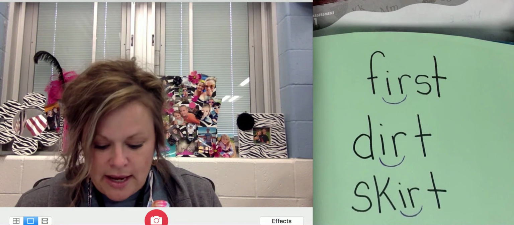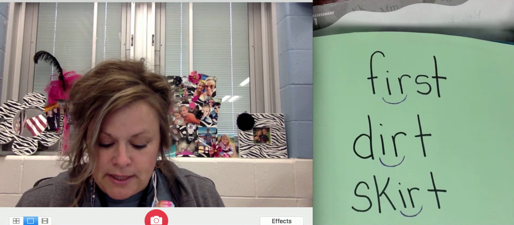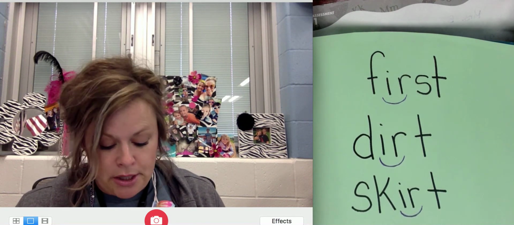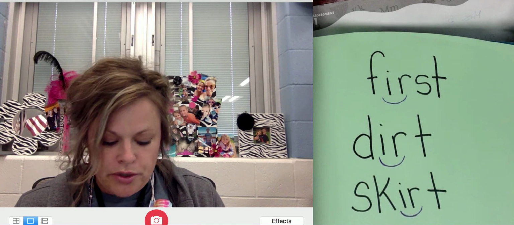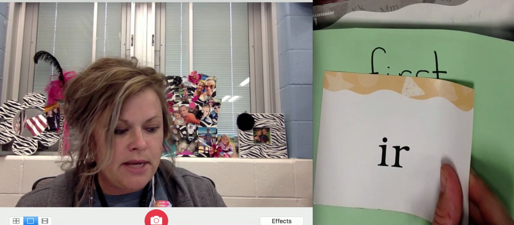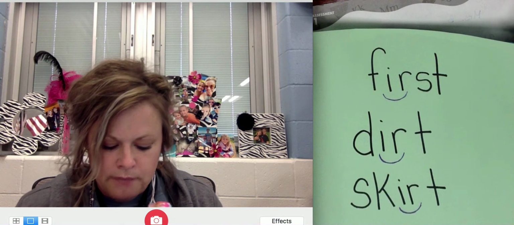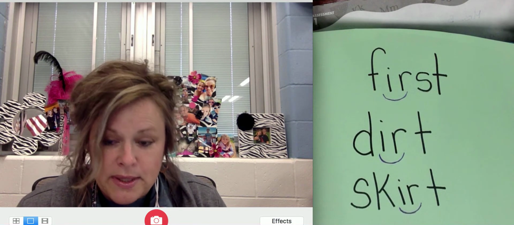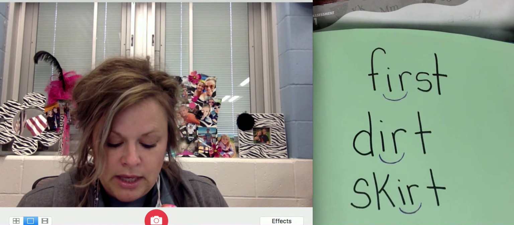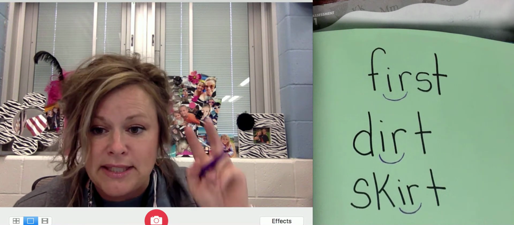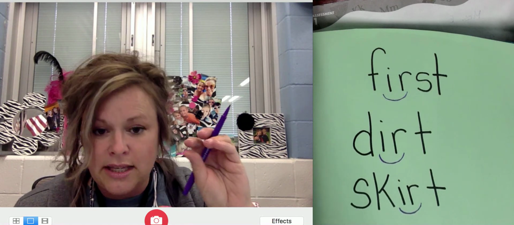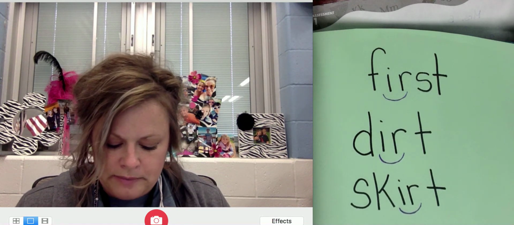They are all done. So I have a picture card for you today, and it goes with combination IR. Here I'll show you first. Here's just the letter card, combination IR. And then I'm going to give you a little clue. This picture has a keyword on it that goes with combination IR. This is an animal, and this animal has 2 legs, has the sound in the medial position.